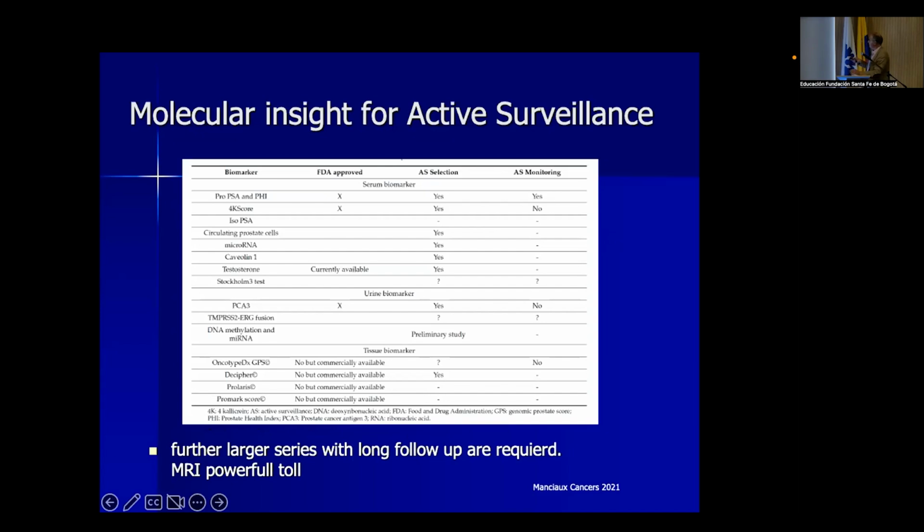You have also some biological information or tests that can be made. So you have here the list of the biological markers that maybe can be used in the assessment of the active surveillance of taking care of the patients.